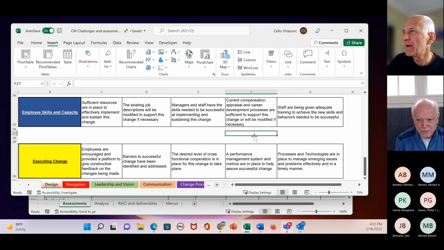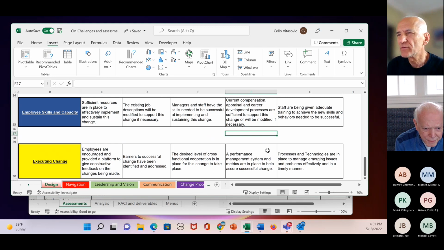So, let's look at the last one, and then we'll go through and see how one would actually work with this. This is about execution. Employees are encouraged and provided a platform to give constructive feedback on the changes being made. Barriers to successful change have been identified and addressed. The desired level of cross-functional cooperation is in place for this change to take place.